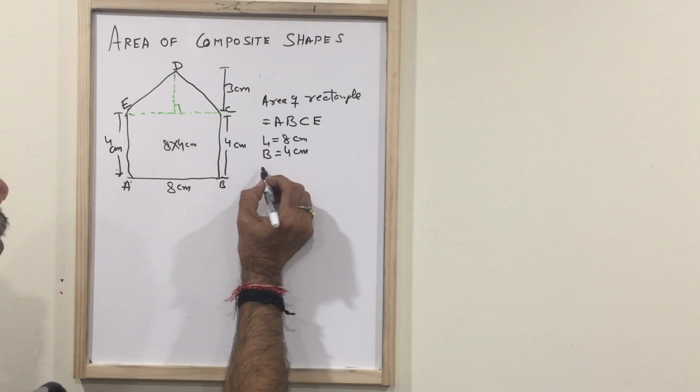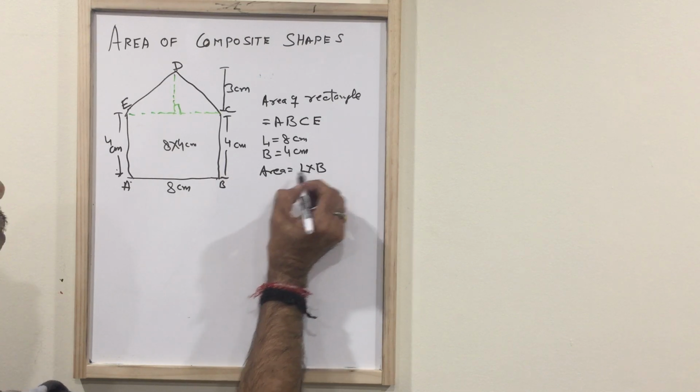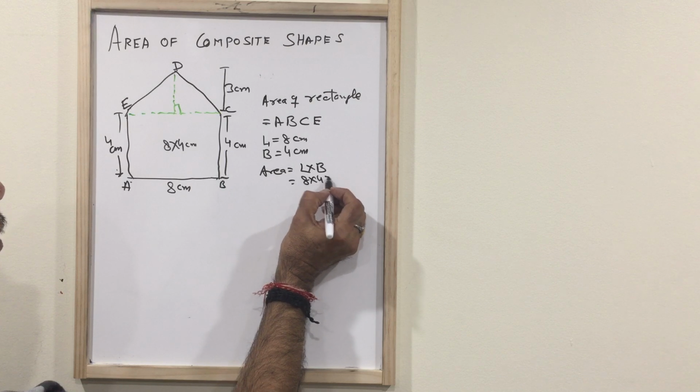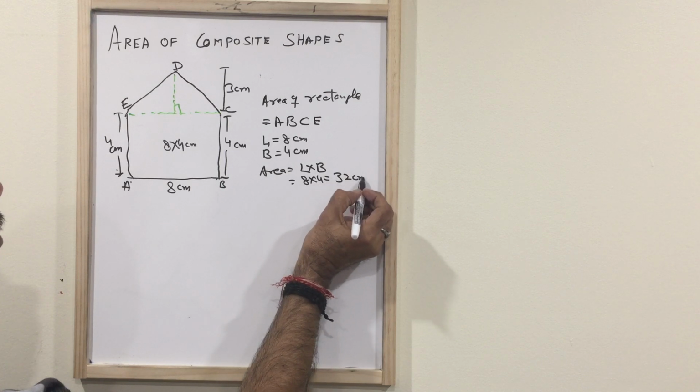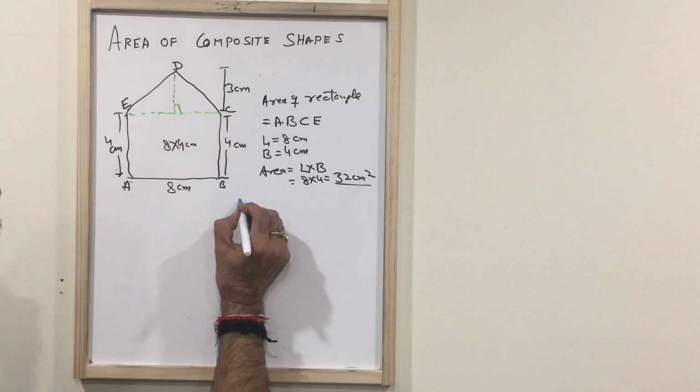So the area will be length into breadth is equal to 8 into 4, 32 centimeter square. So that is one. And now we have to find out the area of this triangle.